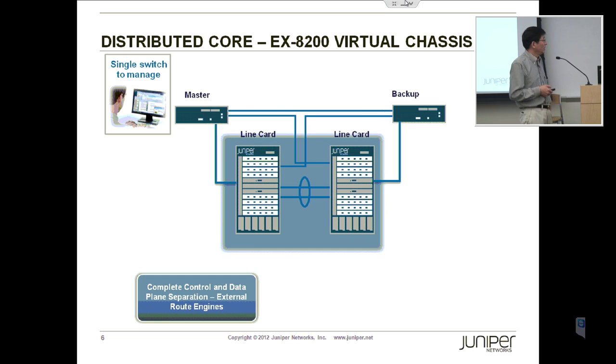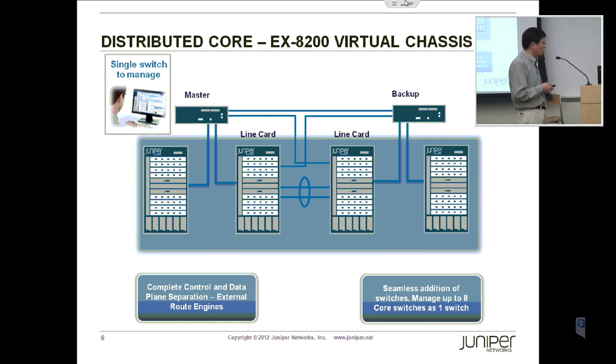We completely separated the control plane and the forwarding plane in this platform for more resiliency and availability on the control plane. For this platform, we can support up to 8 members. That means 8 8216 switches can form a single virtual chassis, which effectively can be managed as a single switch.